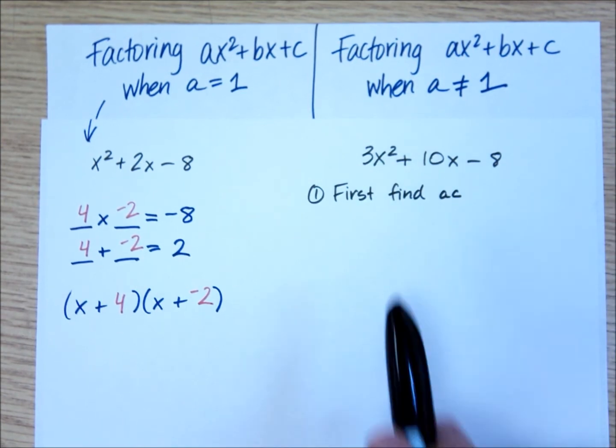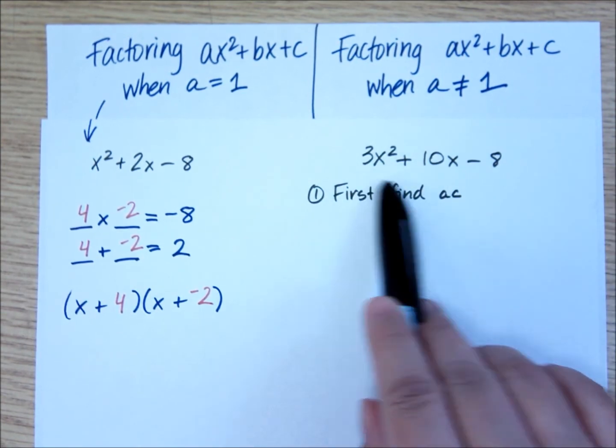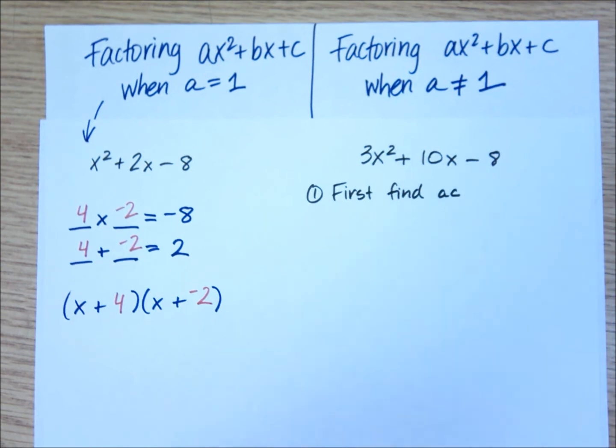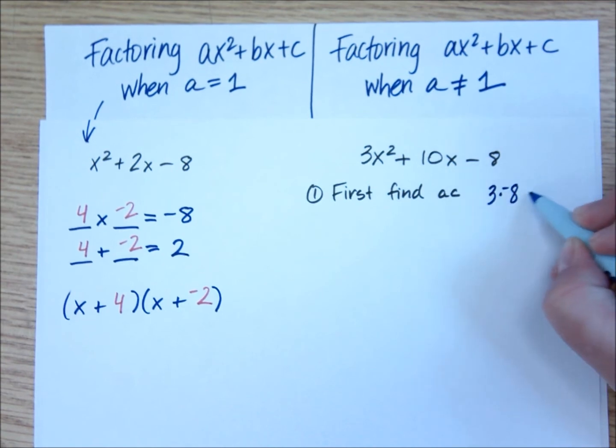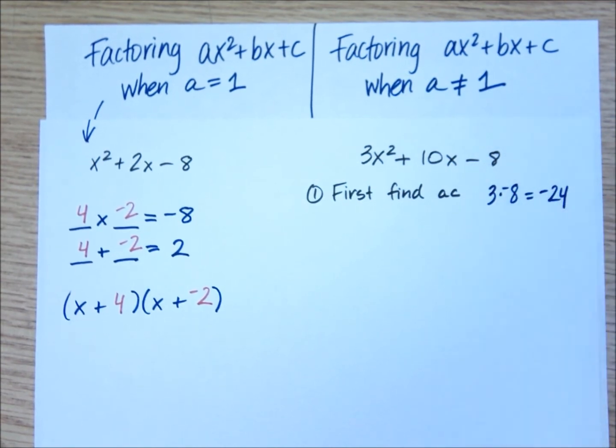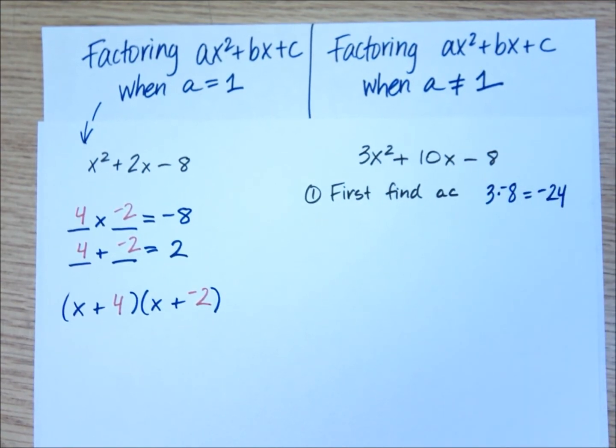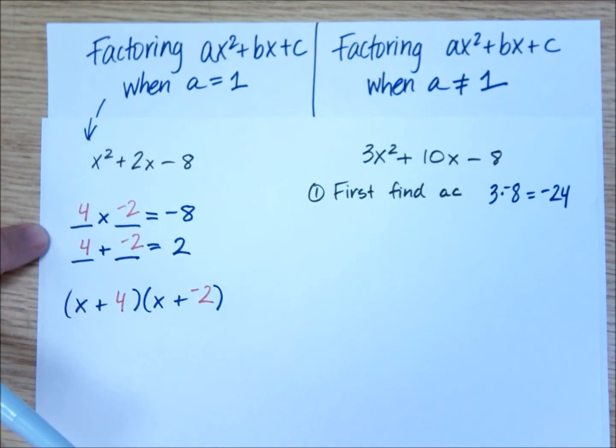In this case, a is 3, c is -8. So that would be 3 times -8, which is -24. Now, we're going to come back and do something very much like that. It's just a little bit different. This is why I wanted to compare these two methods for you, or contrast them.